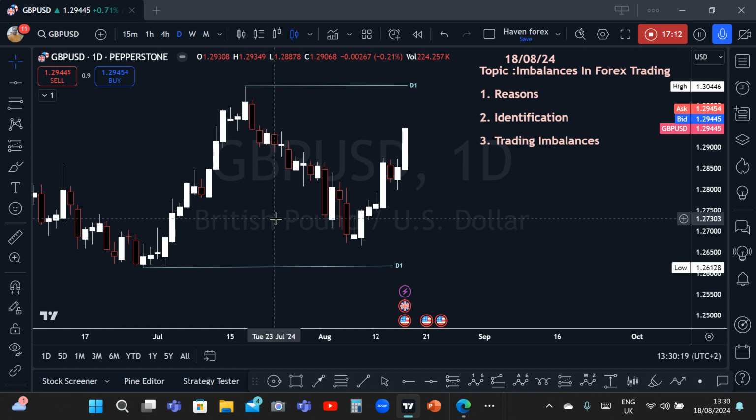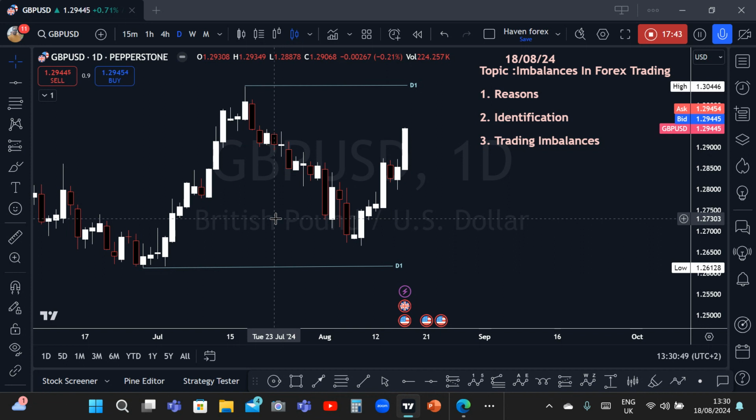All right, it's developed by J. Welles Wilder, and it helps traders identify overbought and oversold conditions in the market. So it's very simple, guys. We also have the key features. Maybe time will not permit me to really go into it.